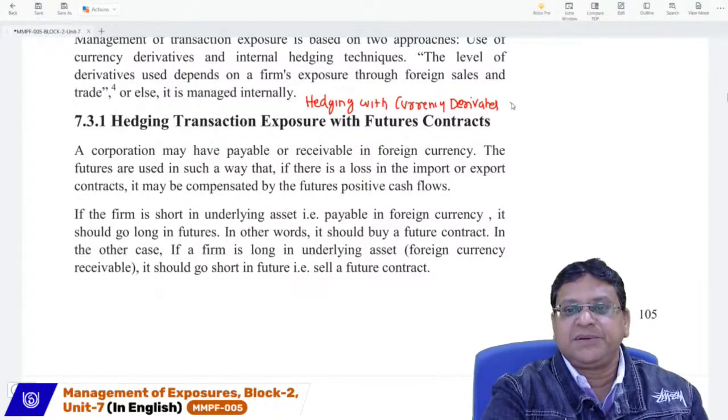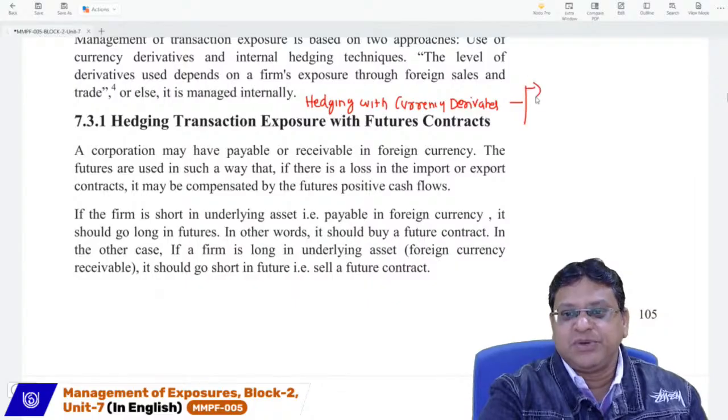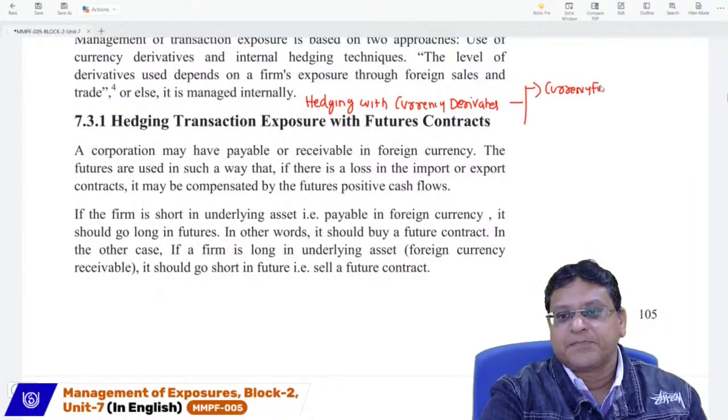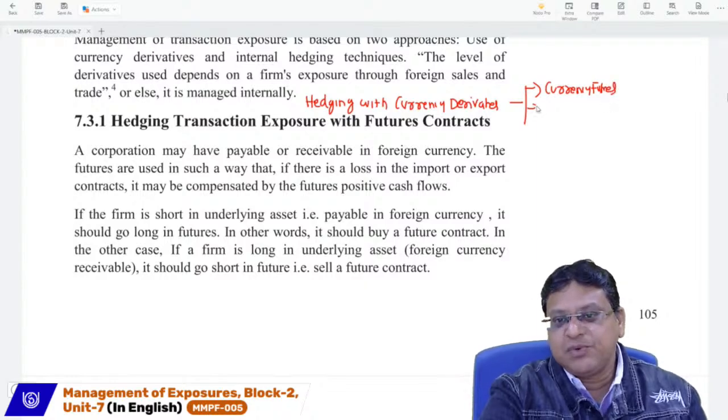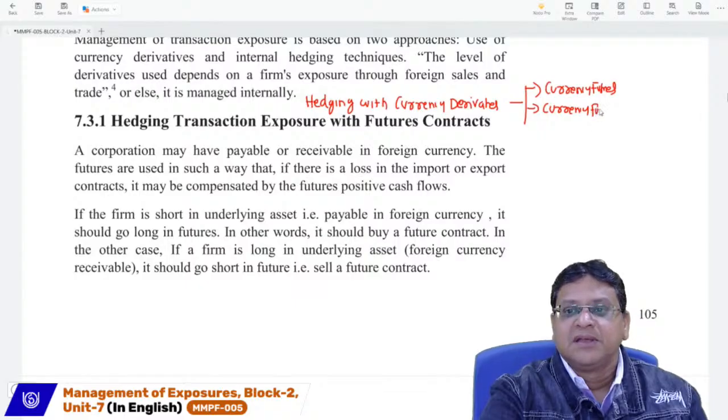What are the currency derivatives? We know that hedging with currency futures, hedging with currency forwards, hedging with currency options.